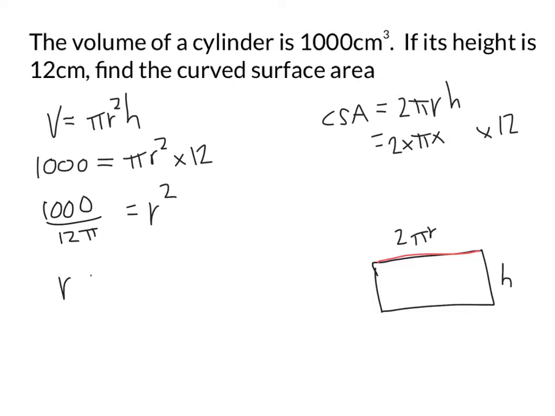And then r, you can work that out as a value, but I just leave it as it is. And then to get r, you get that number and you square root it, because r squared is equal to 1000 over 12 pi.